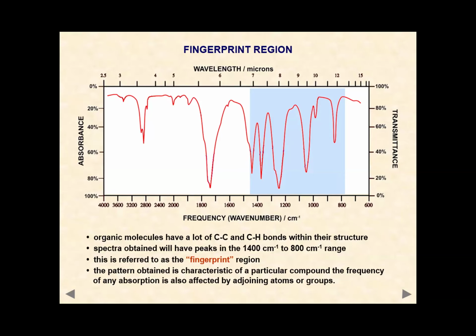Spectra obtained will have peaks in the 1400 per centimeter to 800 per centimeter range. This is referred to as the fingerprint region. The pattern obtained is characteristic of a particular compound. The frequency of any absorption is also affected by joining atoms or groups. So towards this side, we are going to get the fingerprint region.